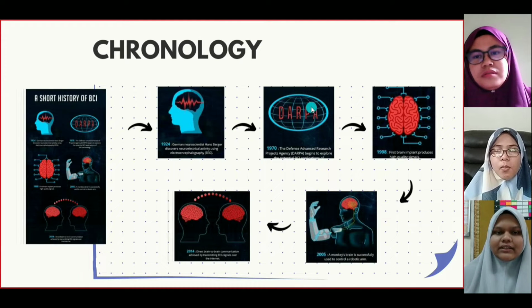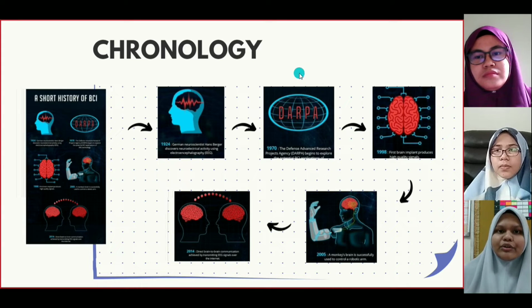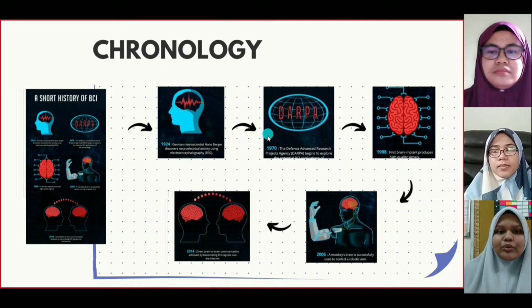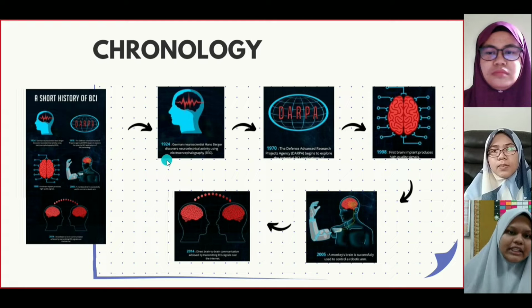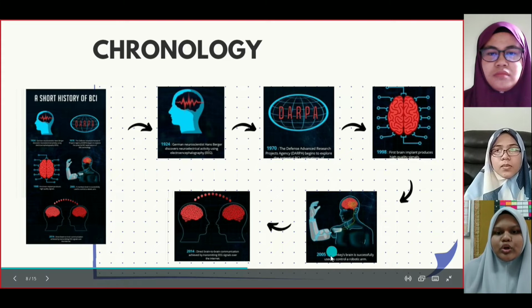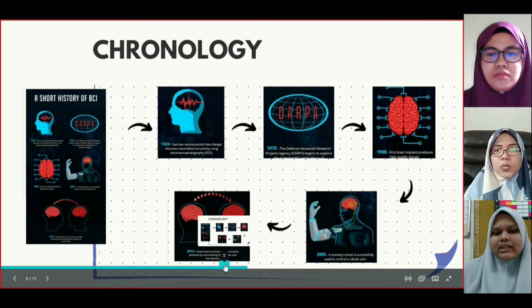This infographic does not have any statistics, but it has a chronological story, which was fun for me personally because I understand the storyline for the establishment of BCI, from 1924 to 2040.